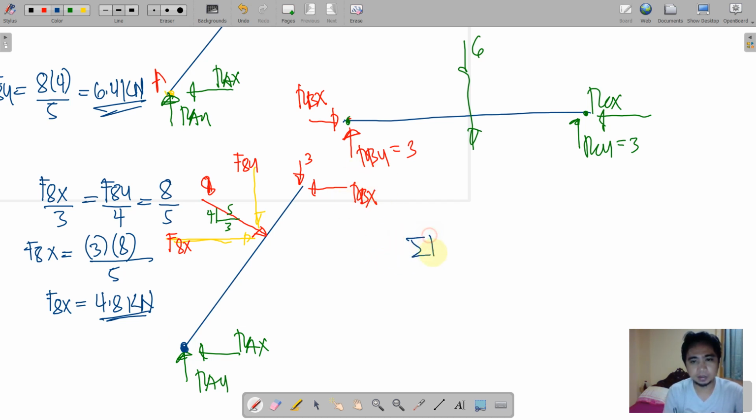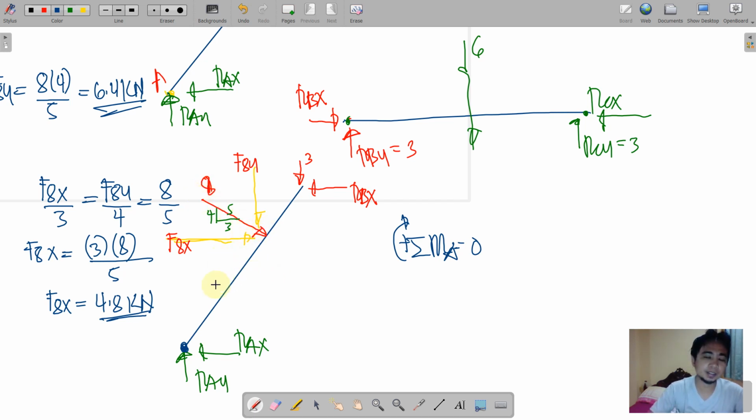Okay, summation moments at A is equal to 0. We have yung 8, pwede lang gamitin yan. So remember, be consistent, ano? Kung ginamit mo yung mother, huwag mo nang gamitin yung component niya. Ngayon, pag ginamit mo yung mga component niya, do not use the mother force. Okay?